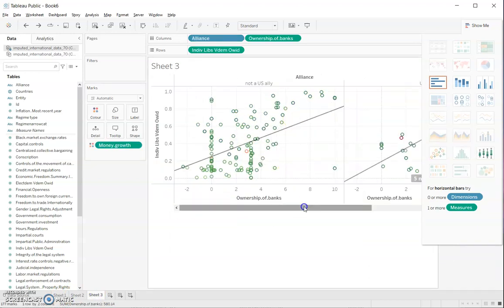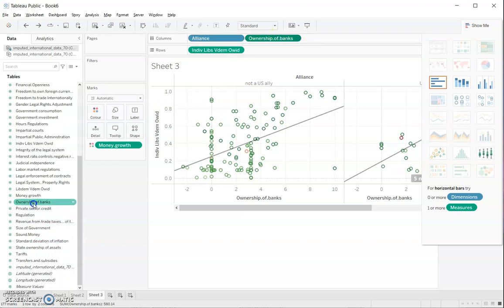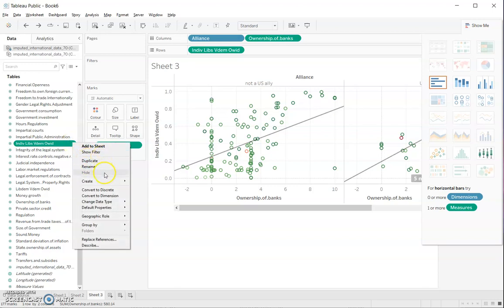We have another one. I think this was from yesterday or 2 days before. Anyway, we have alliance again. We have ownership of banks. We have individual liberties, and I don't even know what this other one is.